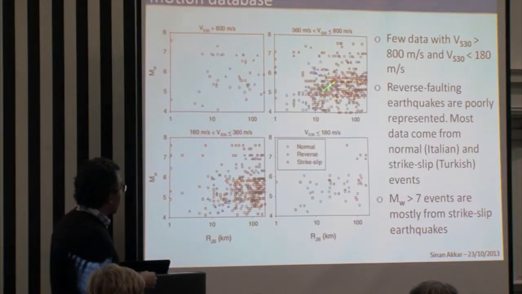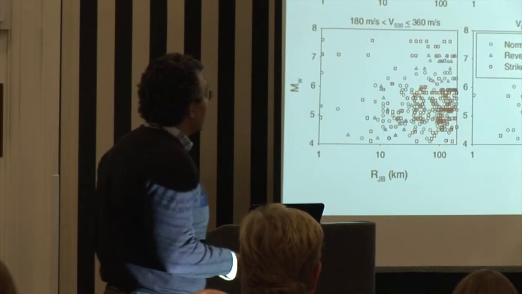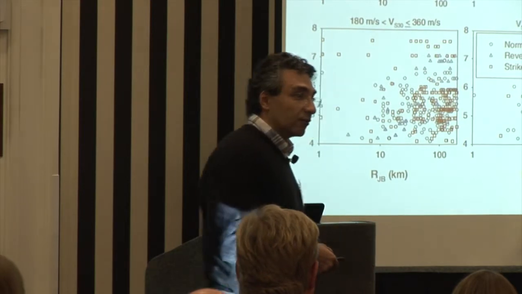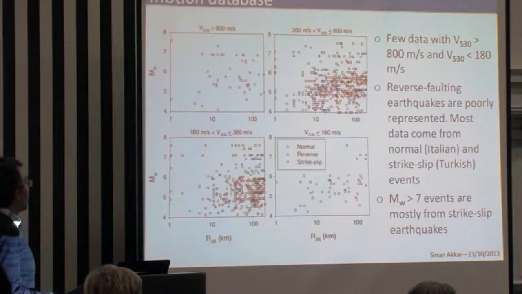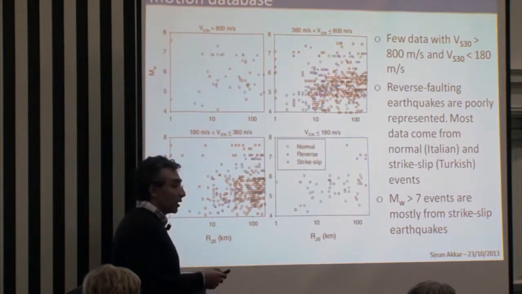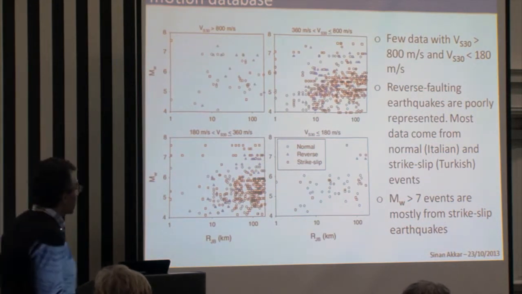We are quite in good shape for stiff and soft soils. Again, we don't have too much data from reverse events. Most of the style of faulting is normal and strike slip. Normal comes from Italian events, and strike slip comes from Turkish events.